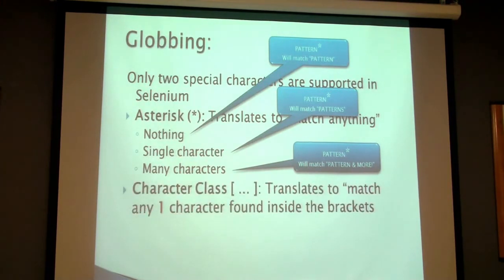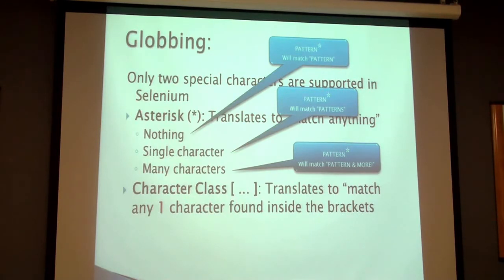The other character, or rather pair of characters, that you should remember is the square brackets. So the opening and the closing. Whatever is inside those square brackets will match once. One of. So if you say 1, 2, 3, 4, 5, 6, 7, 8, 9, it will match either 1 or 2 or 9, but once. So it will not match 12, for example. Just 1 or 2.